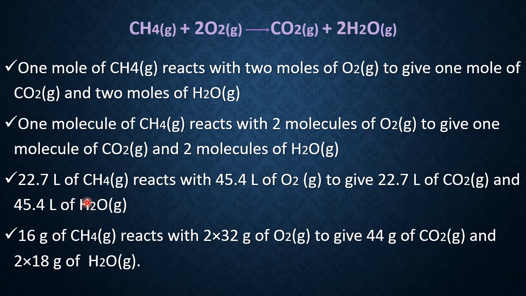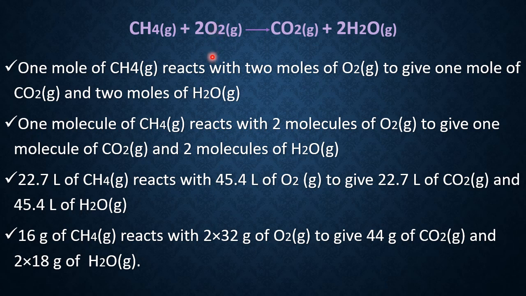Now, this is in terms of mass. CH4, 1 C is 12, 4 hydrogen is 4 into 1, 4. So, 12 plus 4, 16. 16 grams of methane reacting with 1 O equal to 16, and there are 4 O, so 16 into 4, 64, or 1 O2 equal to 32, the mass of one oxygen molecule. So 2 oxygen molecules weigh 32 into 2 equal to 64.